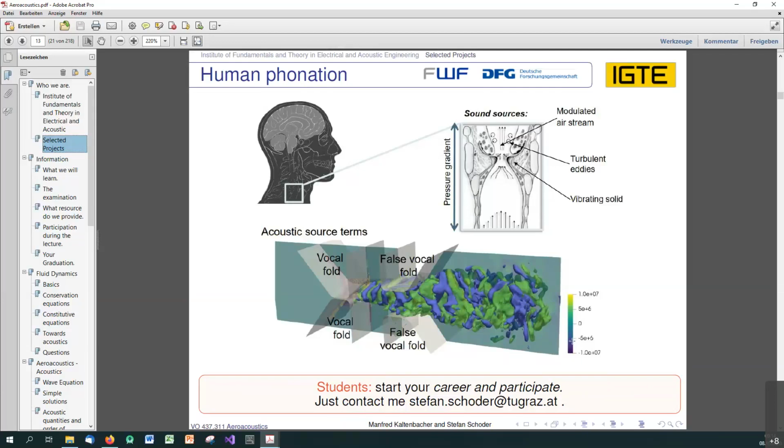So that's a common approach we can use. You don't have to really resolve the whole vocal tract.